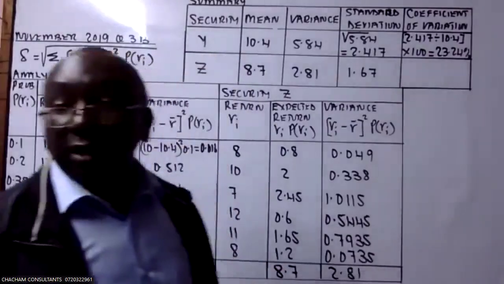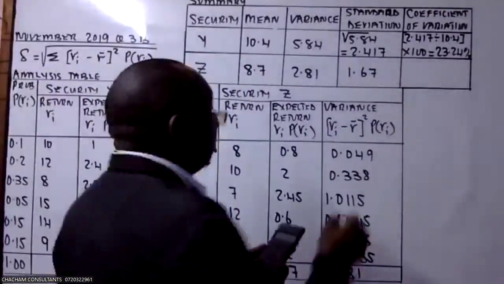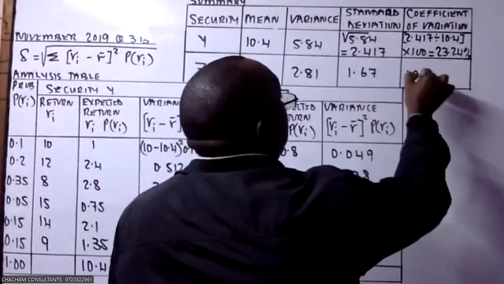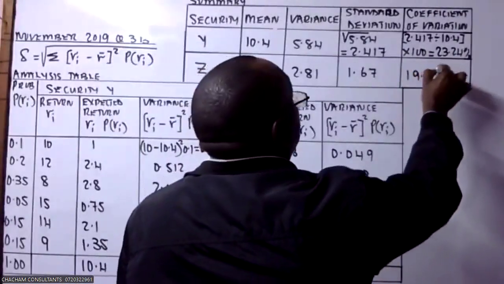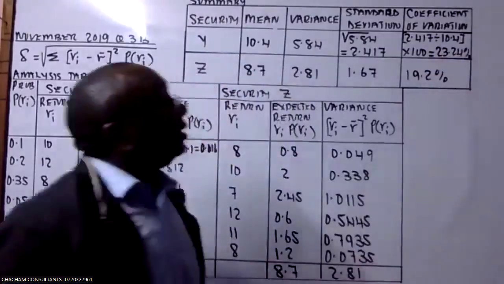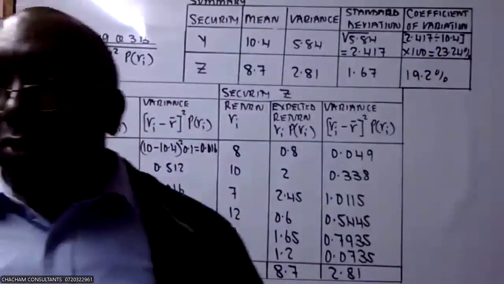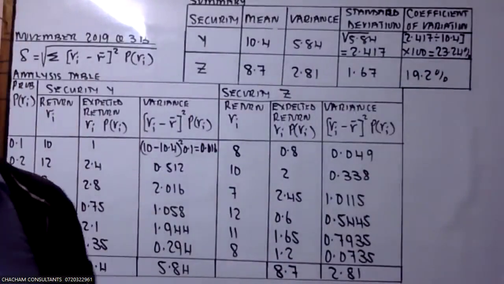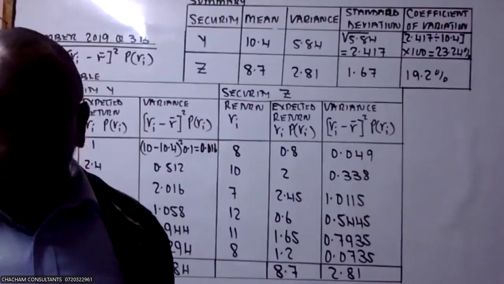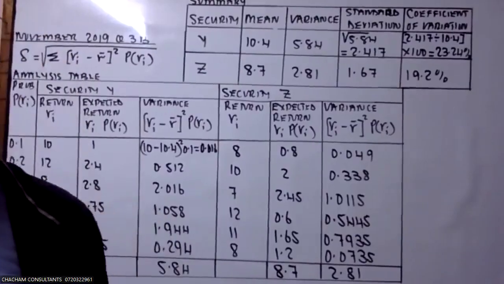Oh, yeah, it's the same thing. I agree, the same thing. 19.2. Yeah, if we are giving 2 decimals like the other one, is 19.2. So that is how they are computed.